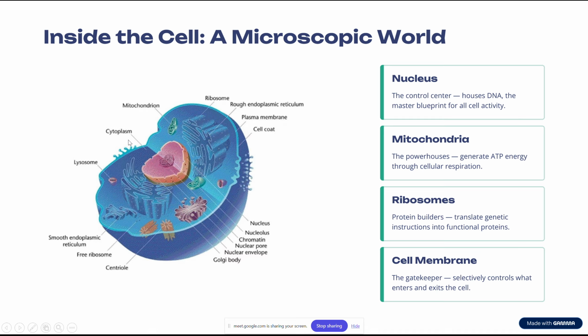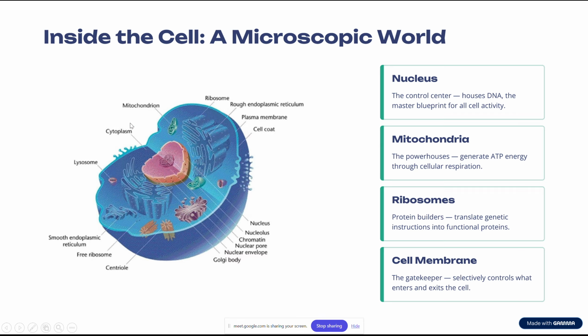You have the cytoplasm, the mitochondrion, the ribosome, the rough endoplasmic reticulum, the plasma membrane, and cell coats. These are just some cell organelles. The cell has smaller units inside it that are able to perform specific tasks or functions. Ribosomes, for example, are the sites for manufacture of proteins.